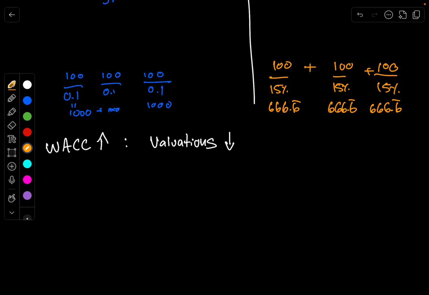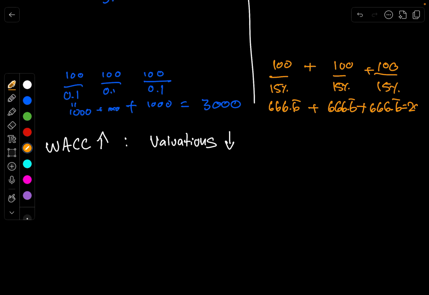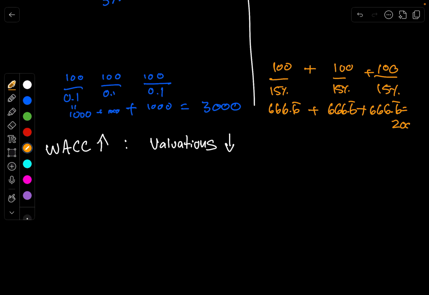So when we sum all of these cash flows up, we can see that in the developed country, these are equivalent to 3,000. However, in the emerging economy, we can see that this is equivalent to approximately 2,000. So we can see that in emerging economies, because the weighted average cost of capital is higher, our valuations will be lower.